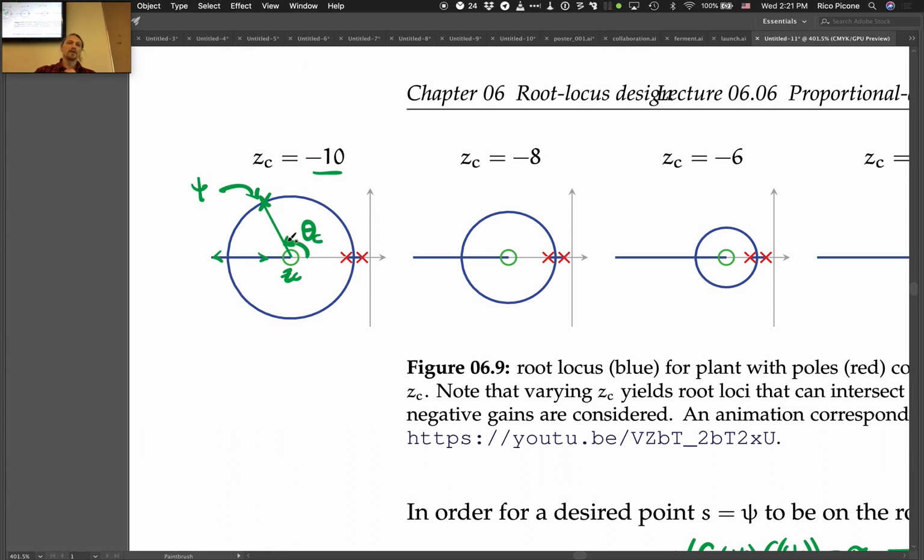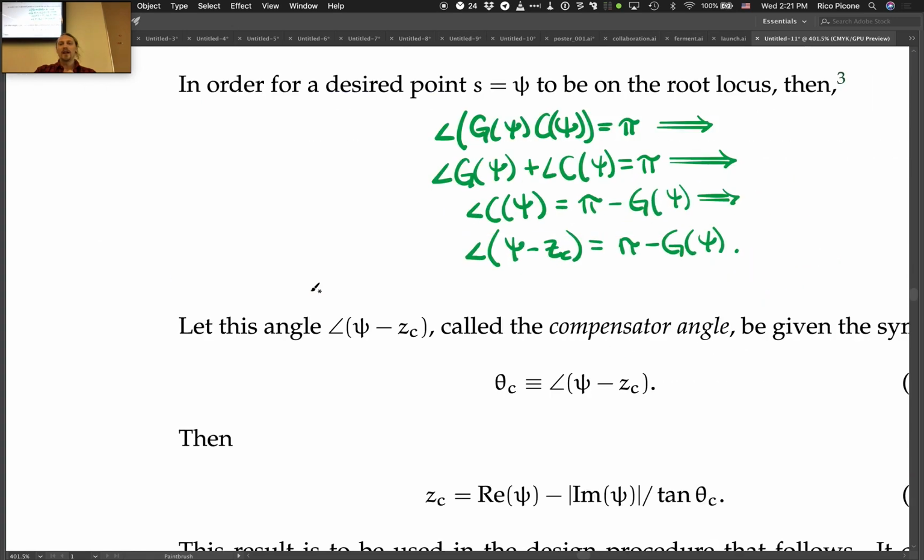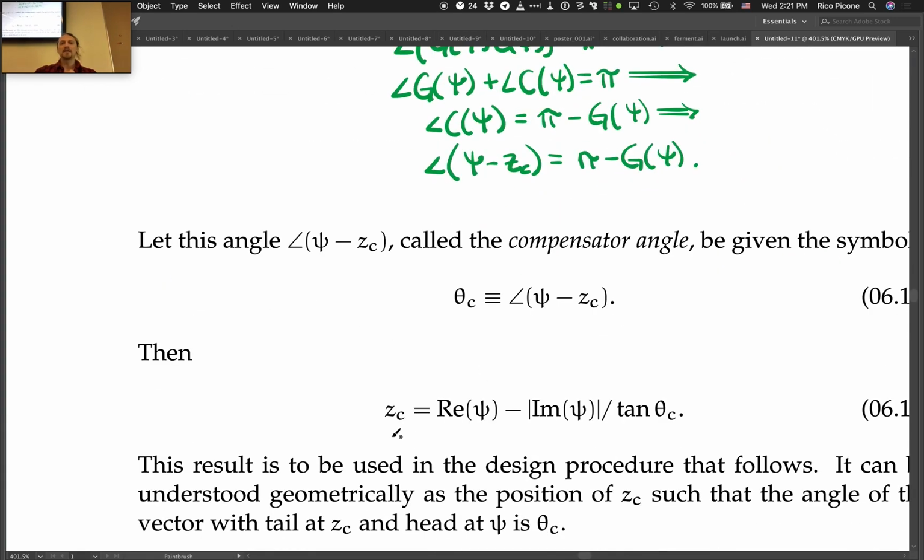It's essentially a right triangle contribution. Figure out what ZC should be in order to make theta C what it is. And you get that ZC has to be the real part of psi minus the absolute value of the imaginary part of psi divided by the tangent of theta C. Just a little bit of trig there.